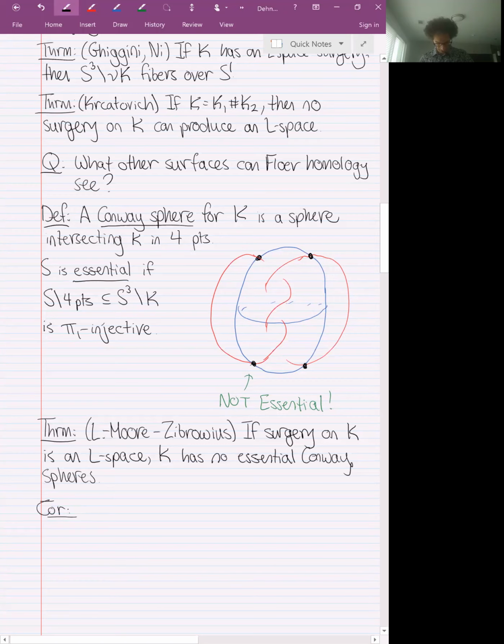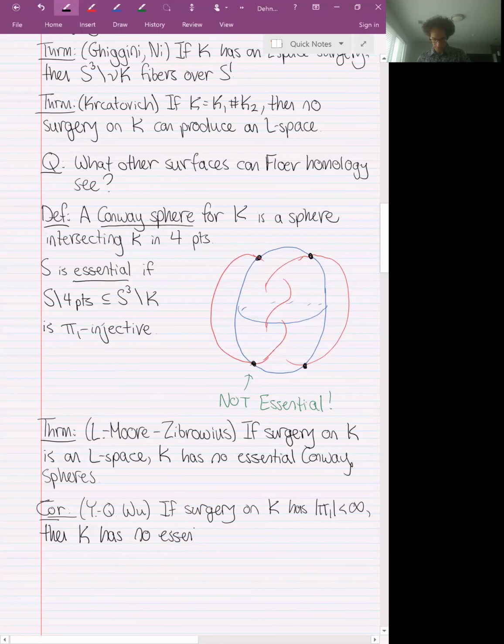This is a corollary of work of Wu, which says that if some non-trivial surgery on K has finite pi1, then K has no essential Conway sphere.